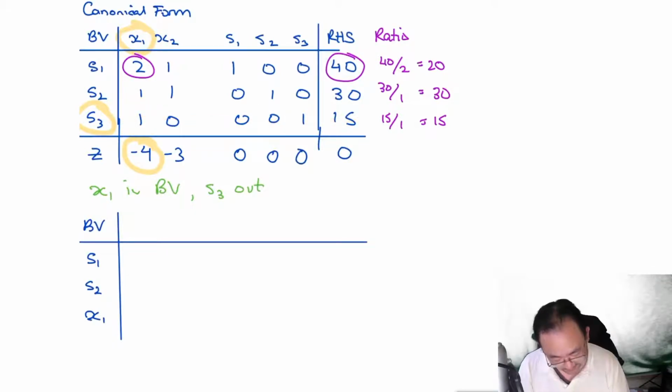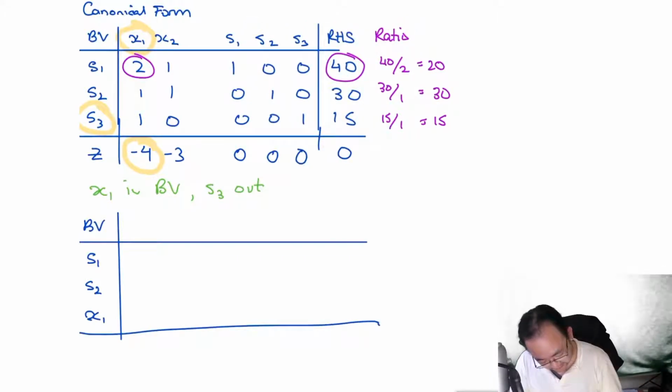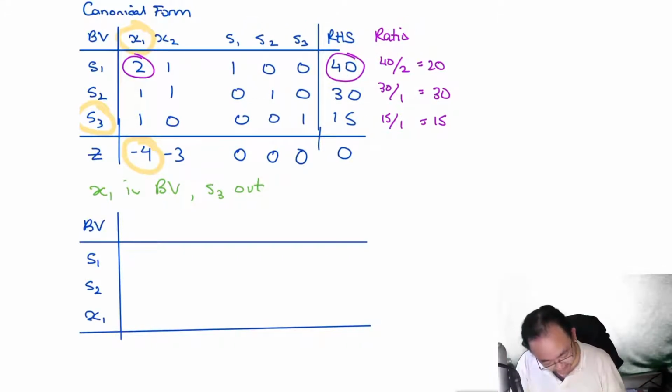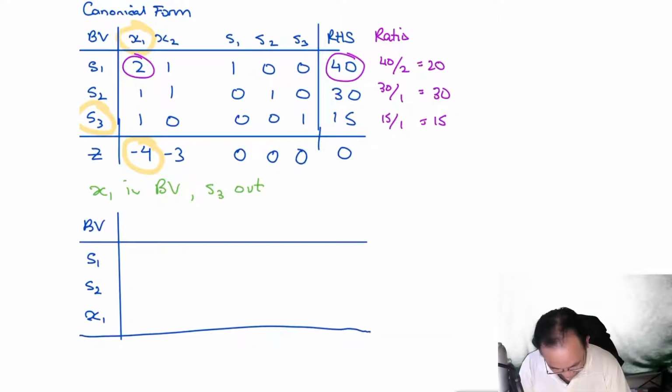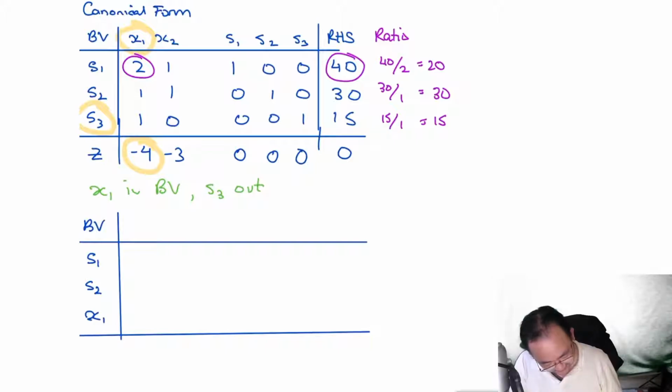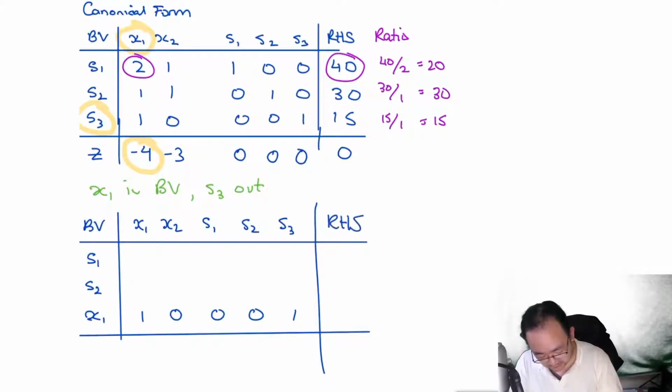I can copy over the row as is. Unfortunately, my iPad's at an angle as well, so if you'll excuse me. So that's going to be 1, 0, 0, 0, 1, under x1, x2, s1, s2, s3, and then the right-hand side.